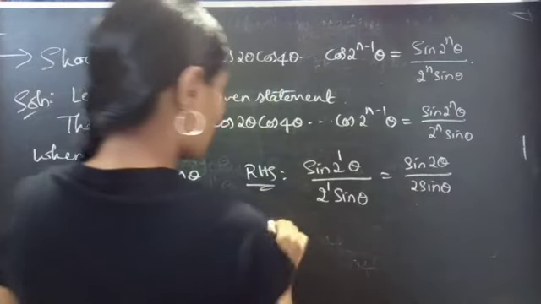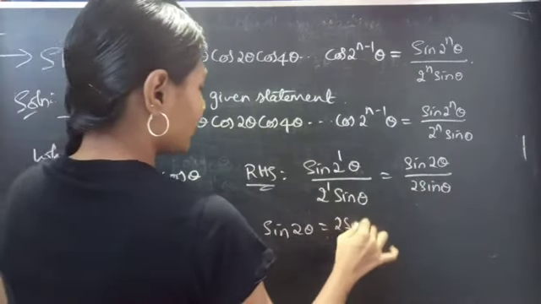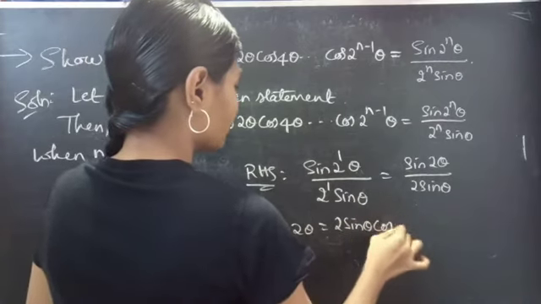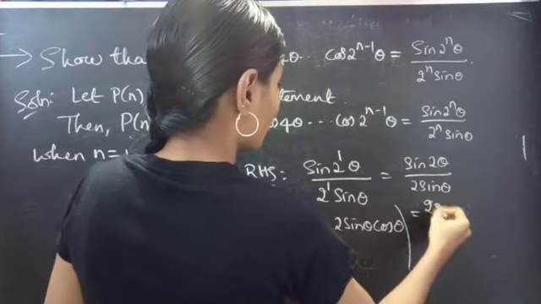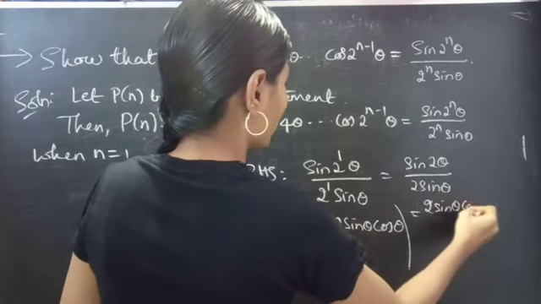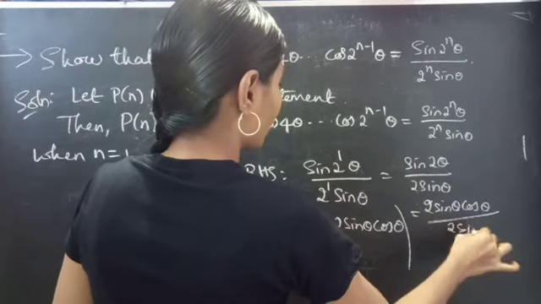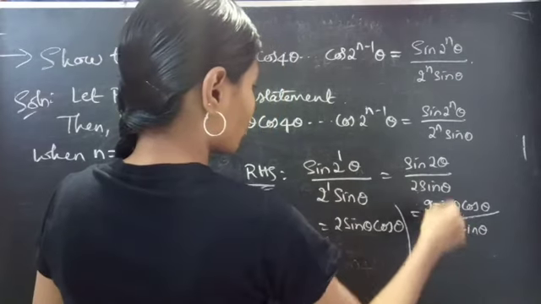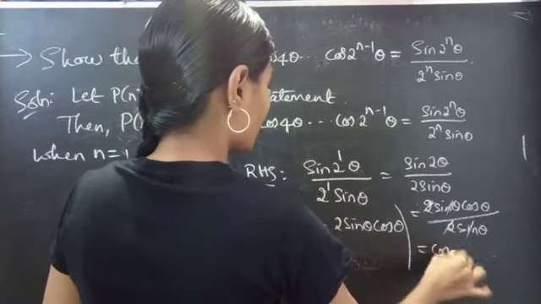Since we know that sin 2 theta equals 2 sin theta into cos theta, this becomes 2 sin theta into cos theta in the numerator, and the denominator remains the same, that is 2 sin theta. So you can cancel 2 sin theta, which equals cos theta.